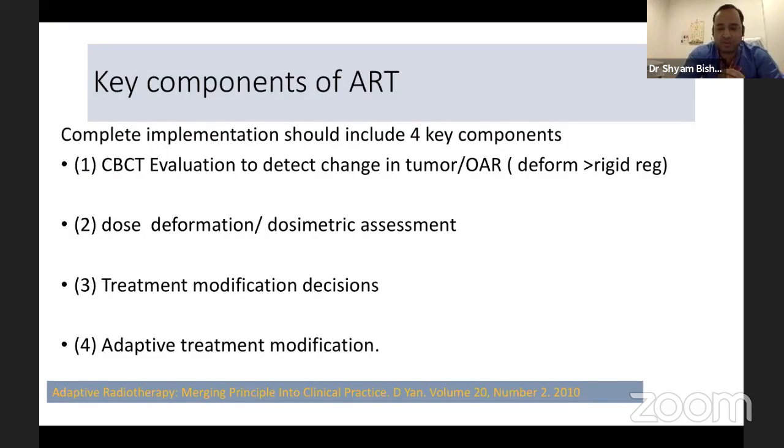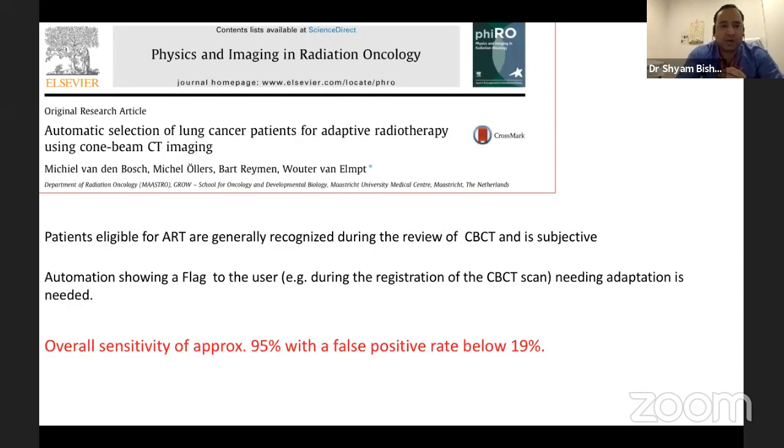There are automatic segmentation tools available which use a density model to predict when we can go for adaptive planning. On the CBCT they do automatic dose deformation and flag when adaptive radiotherapy is required. The overall sensitivity of such approaches is around 95%, although these are very new algorithms, with a false positive rate below 19%.